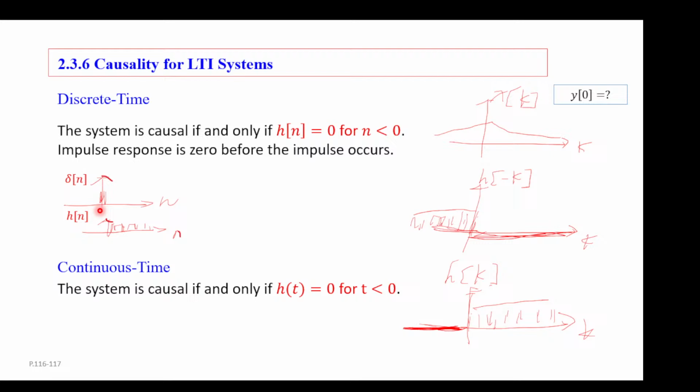Because the system is causal, if there is no input, there should be no output, and finally when you hit it with some input at n equals 0, it responds with something. So the impulse response is 0 before the impulse occurs. The system is causal if and only if h of n equals 0 for n less than 0. For continuous time it's similar: h of t equals 0 for t less than 0.